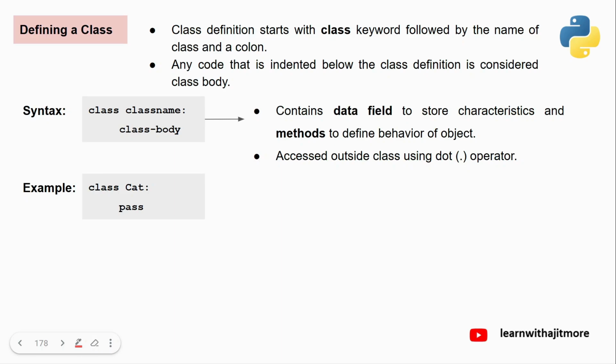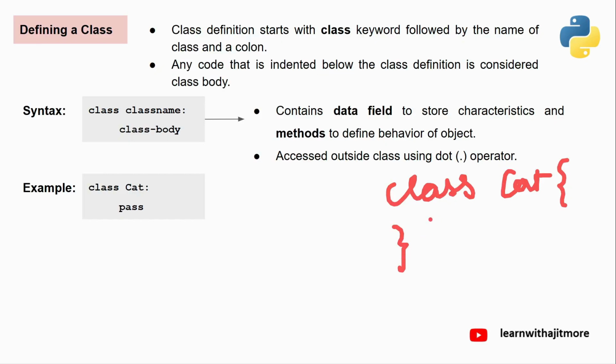Not only in Python, in C++ and Java also we can create an empty class. But there, later you cannot add data and methods. If you create an empty class, cat, open brace, close brace, nothing written is allowed, but once you create it, after that you cannot add any data or methods in it.